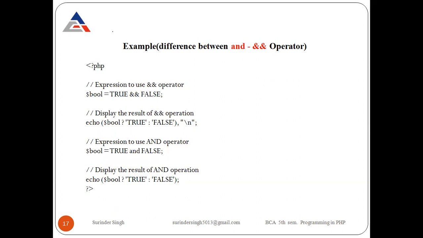Okay. Now we have a difference between the AND and the logical AND operator. For this we have an example. Here we have a variable named bool and we are assigning true and false.